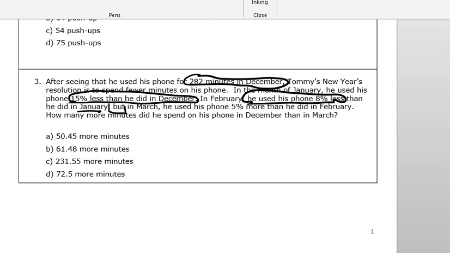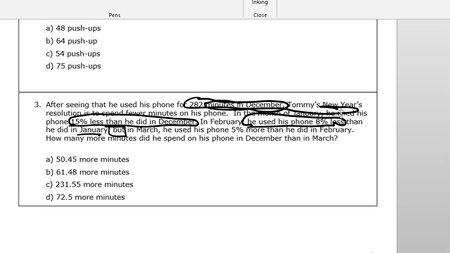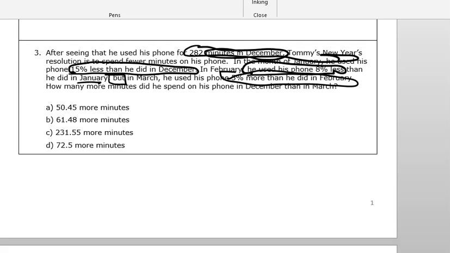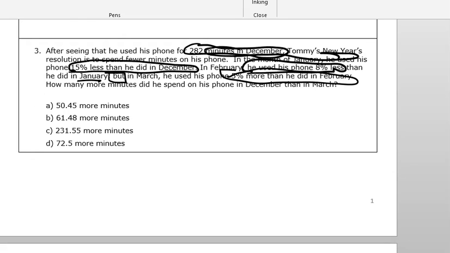But in March, he used his phone 5% more than he did in February. It looks like my mole got a little messed up here. Technical difficulties. How many more minutes did he spend on his phone in December than in March?